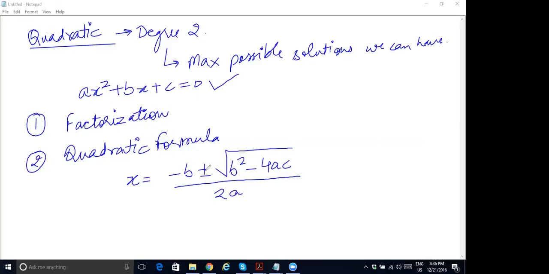So plus or minus indicates two different solutions. Once we will add and once we will subtract. So we will have two different solutions. Solutions are also referred to as roots of the equation.